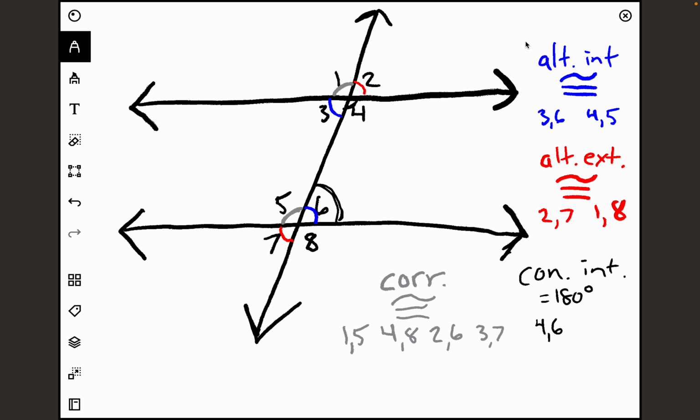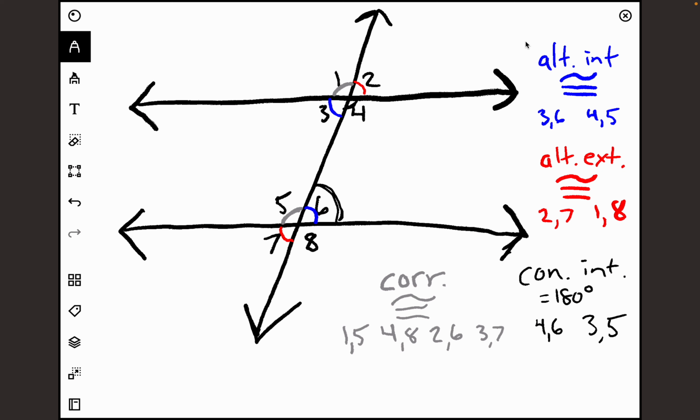Yeah, it'd be 50, because you can just do 180 minus 130 to get angle 6. So 4 and 6 are an example. Who thinks they can tell me the other example? Yeah, 3 and 5, perfect. Here are the 4 angles that we are going to be talking about.